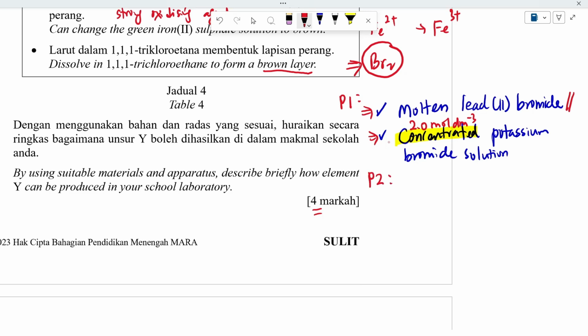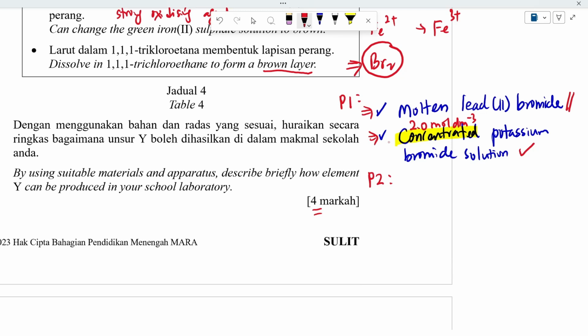Now point number 2, let's say we choose this one. Next step, you are ready with the concentrated potassium bromide solution. So what do we need to do in the electrolysis?